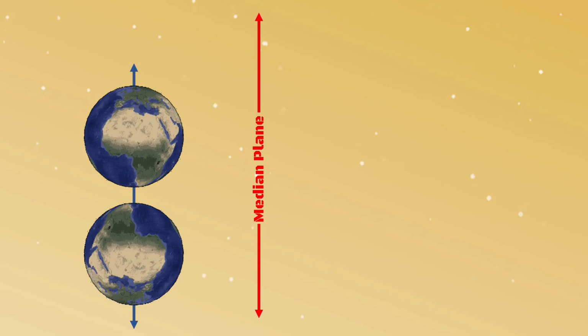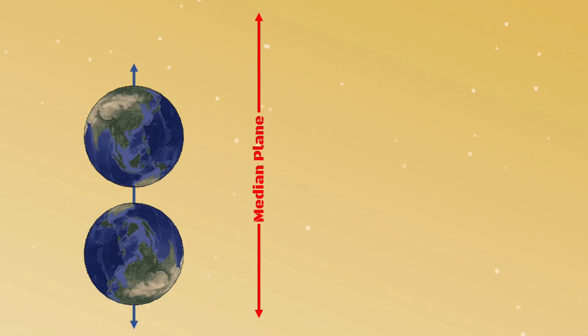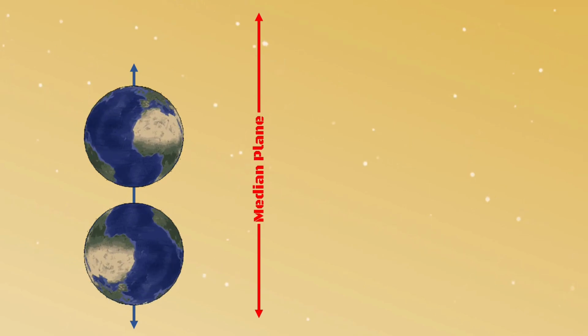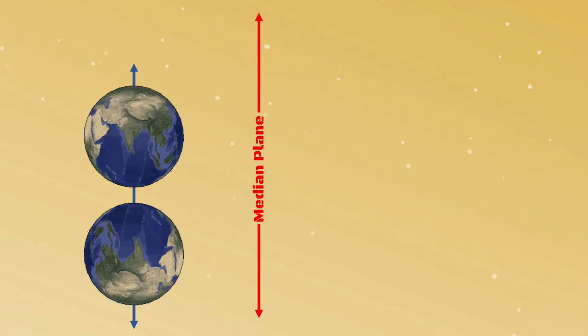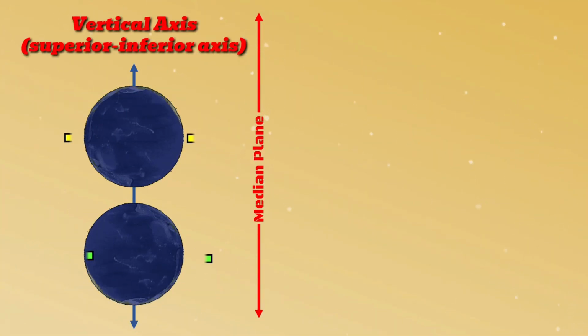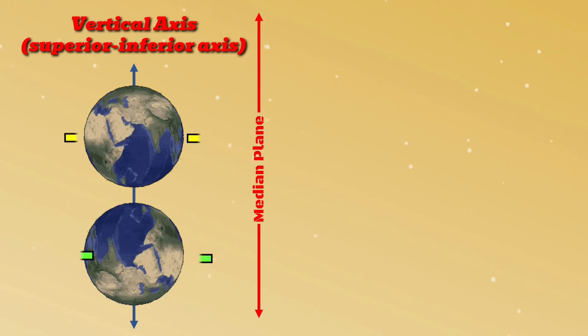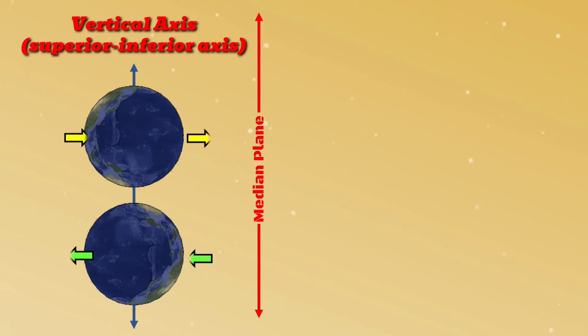I showed that the globe rotates in different directions relative to the 3 axes. Hope you understand, medicos, from these basic visual effects. Number 1, in relation to the median plane, the vertical axis causes body components, like the globe, to spin or move medially or laterally.